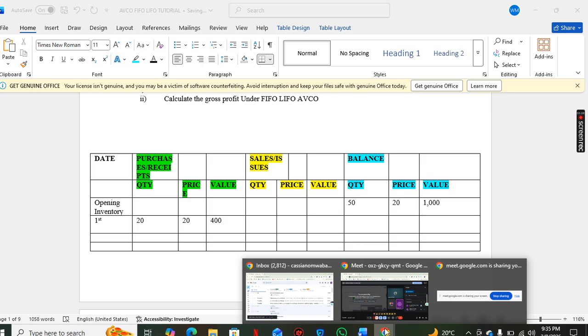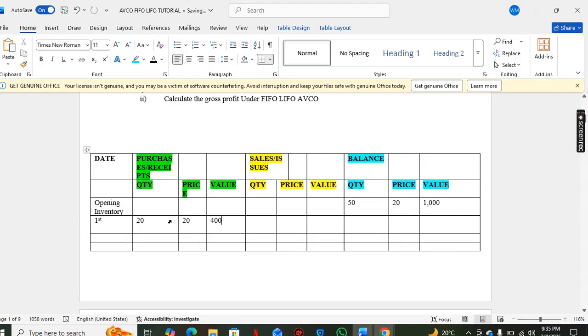Always remember, whenever there is a purchase, that's where the separating of the inventory happens. Please write this down or remember this. This is what I mean here. Purchase 20 units at 20 kwacha for 400. So remember, we've got this initial batch of 50 units at 20 kwacha. So you write it down here, 50 units at 20 kwacha, valued at 1,000.